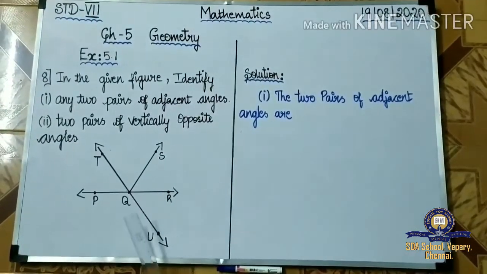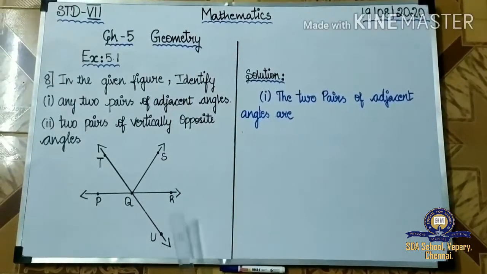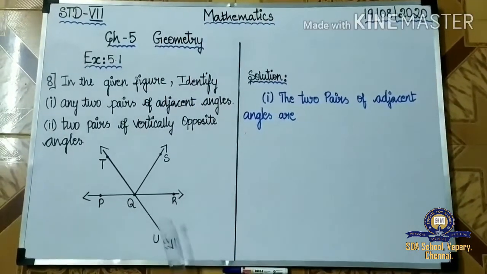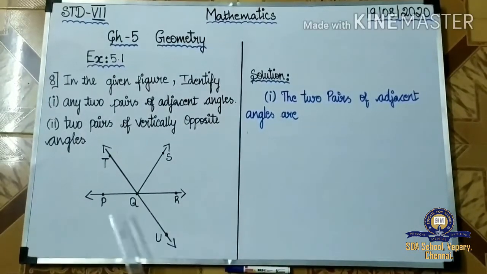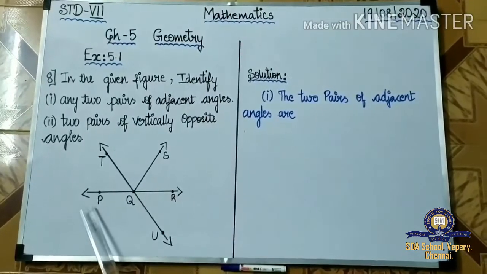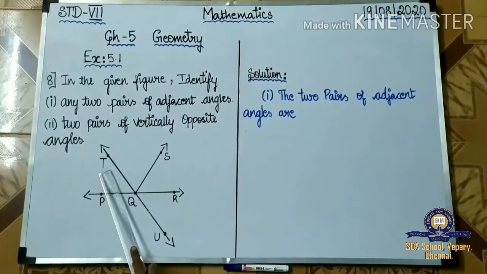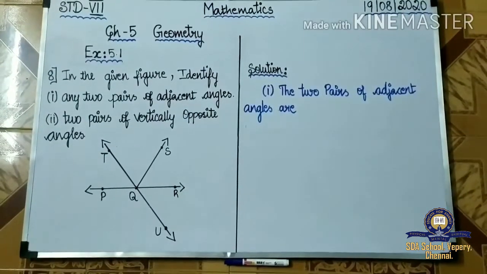In the previous class, we learnt how to find the pair of adjacent angles, right? So, first step, we are going to find the common vertex. See here, the common vertex is Q, right? So, the first pair: angle PQT is a pair of angle PQU. Shall we write?